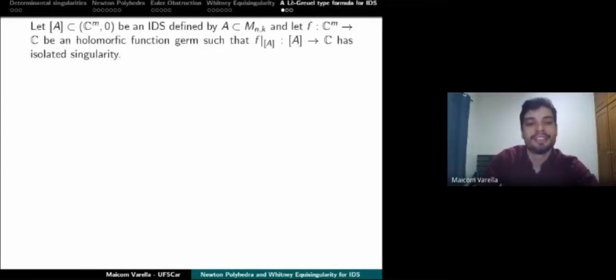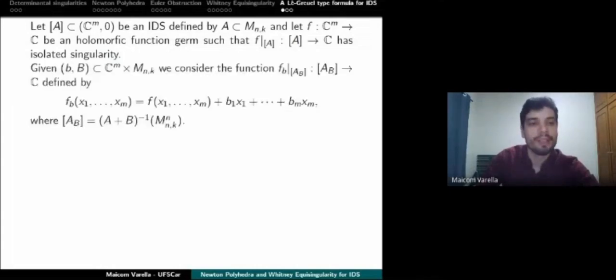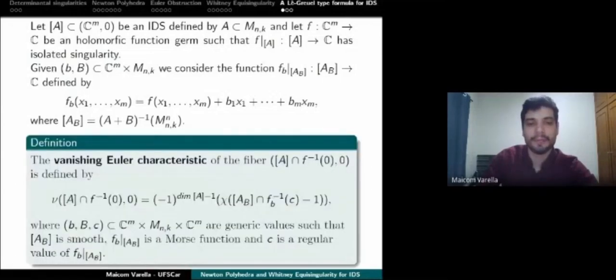Now, we are going to consider a function f with isolated singularity, and study the vanishing Euler characteristic of the fiber. We'll let A be an IDS defined by the matrix A, and let f be a holomorphic function germ, such that f restricted to A has isolated singularity. Given a point B in the matrix B, we consider the function f_B restricted to B defined by this formula. And the vanishing Euler characteristic of the fiber is defined by this formula.